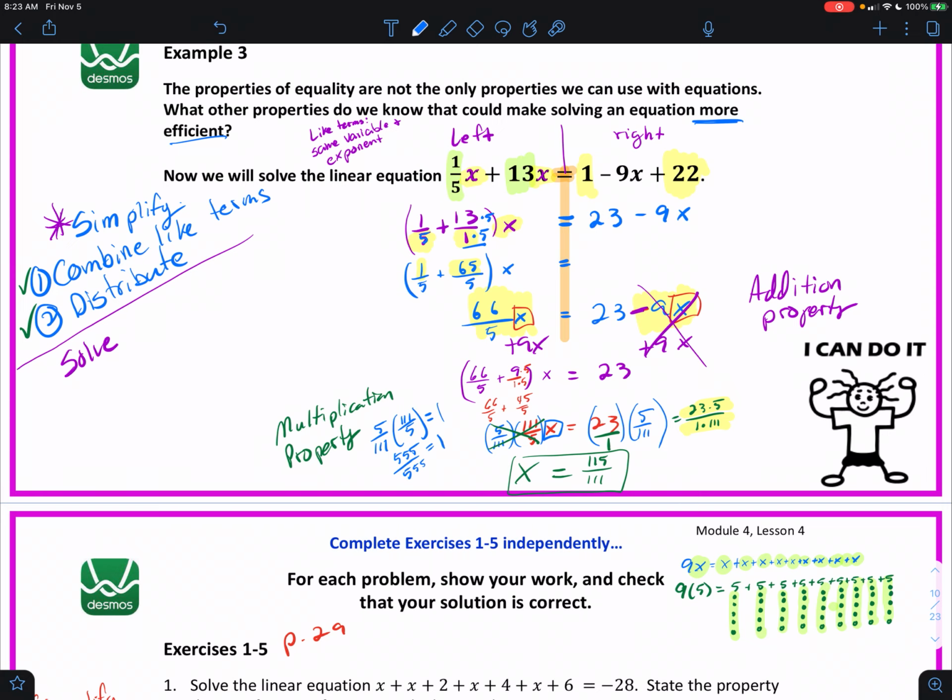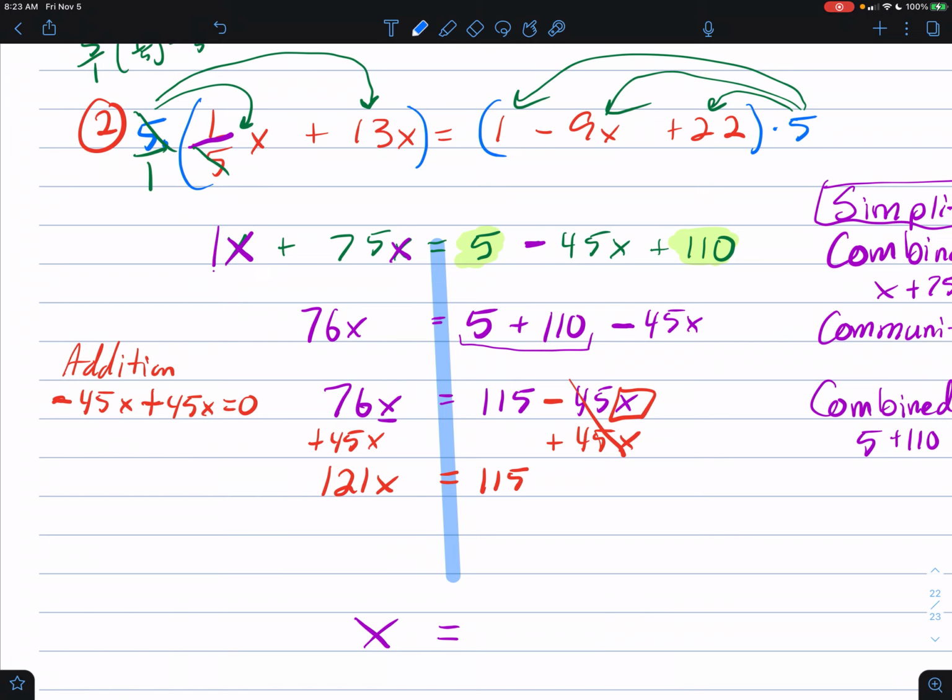Yeah, I should get 111 here. 5 times 13. Oh, this is 65. Oh man. That's what I get for trying to do it in my head, right? So that ends up being 66. And this is 66. So it's 111. I knew something was off. That's what I get for trying to do it in my head.